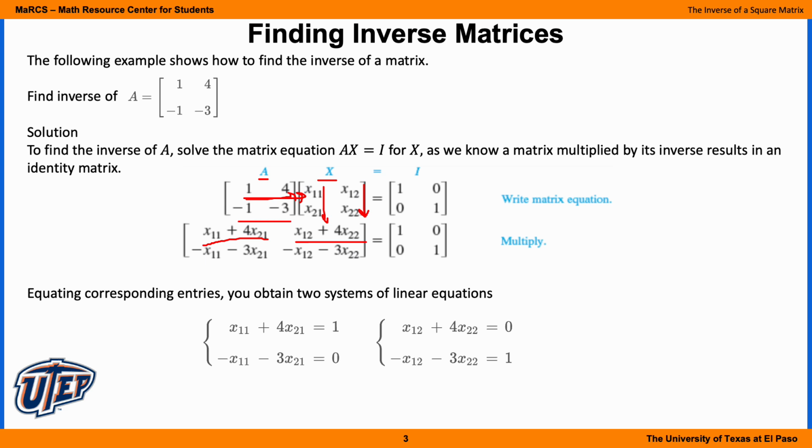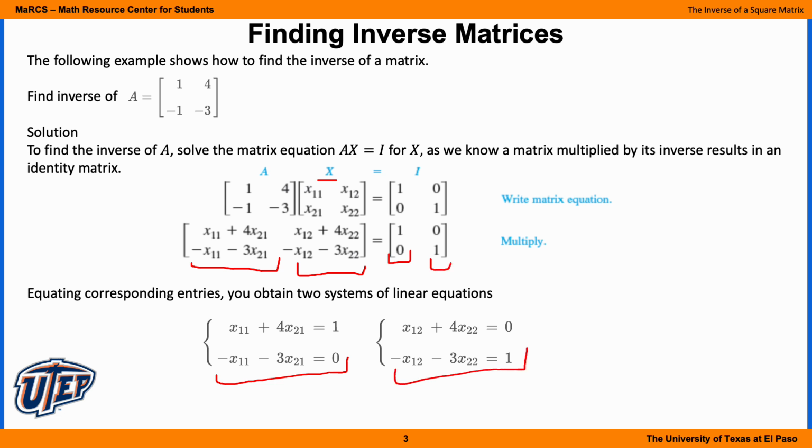Now this row times this column right here, and then this row right here by this column. So now we set that equal to the identity matrix. Now we have two different systems of linear equations. This portion right here is equal to this portion, and that's how we got this system right here. And this portion right here is equal to this portion, and that's how we got this system.